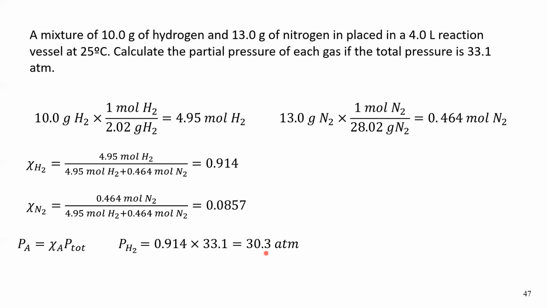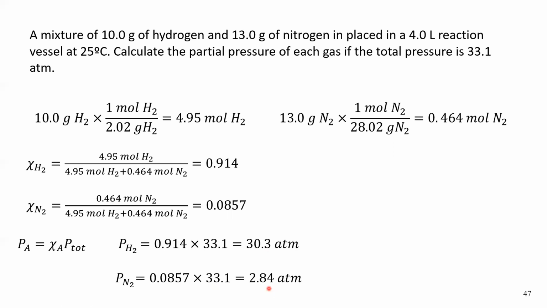So using that as a model, see if you can figure out what the partial pressure of the nitrogen gas would be. Okay, so we'll take the mole fraction for the nitrogen, multiply it by the total pressure exerted by the gas mixture, and that gives us the partial pressure of the nitrogen gas.